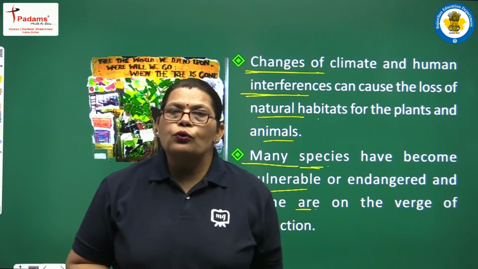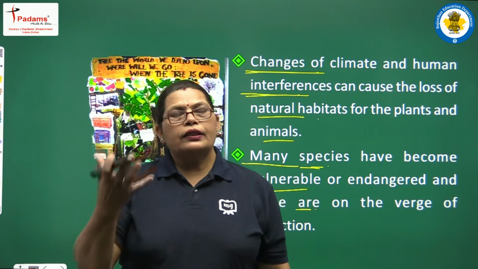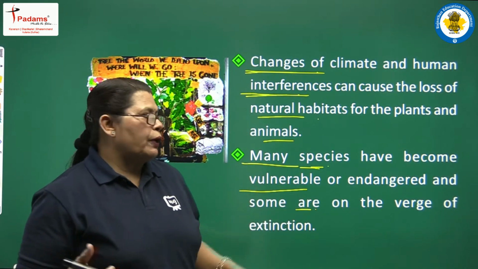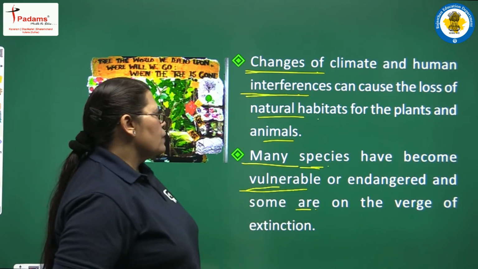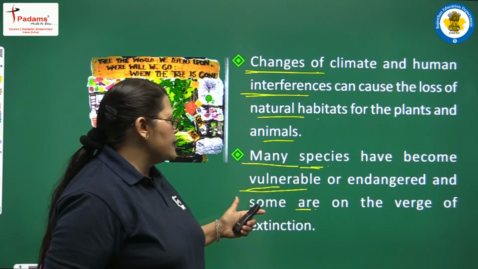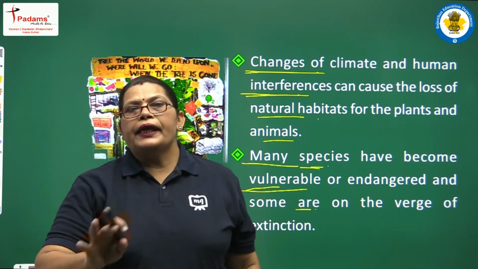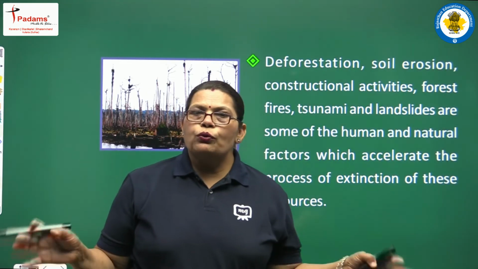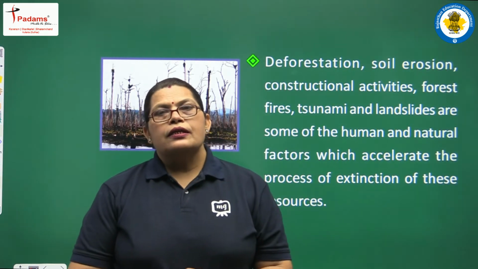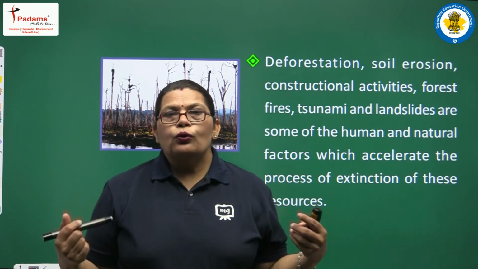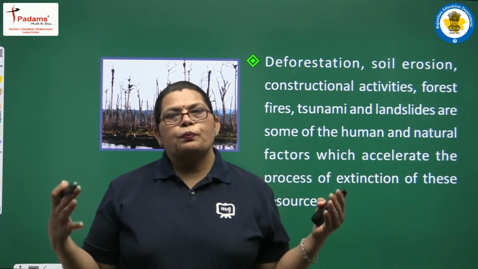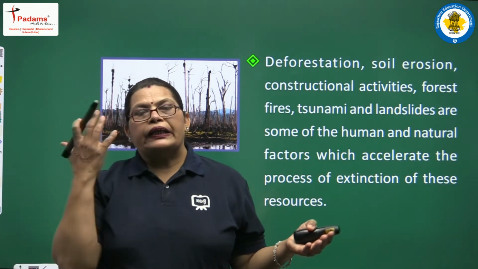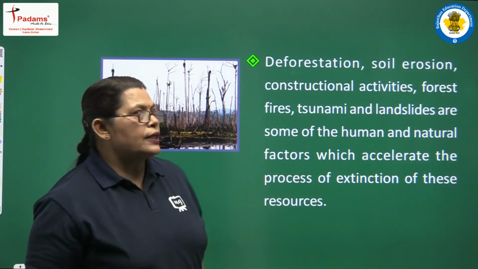So it's the human's moral duty to save earth, save these insects and save these species for the future, because at present these are vulnerable or endangered and some of the species are near the extinction stage. So what's our moral duty, students? Yes, to control ourselves, to preserve our plants, to preserve our forests, to preserve our natural resources, for example vegetation, for example wildlife resources.